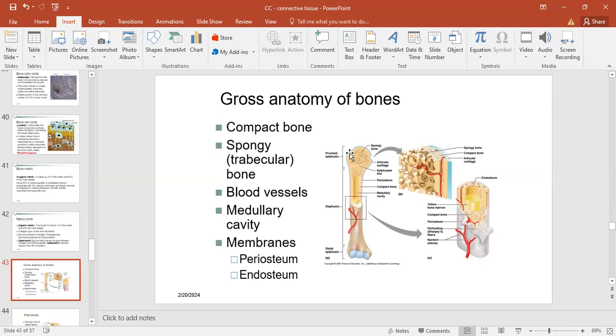When you go into the epiphysis, we said that the ends of long bones, these parts that are a little bit dilated, are known as the epiphyses. And when you get a small piece from there, you find that inside you're going to find this spongy bone. Spongy bone is also known as trabecular bone because of these trabeculae, these spikes inside.